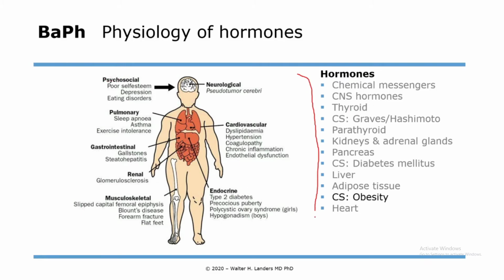This is an image which mainly relates to obesity in children. But almost all different body systems have their negative side effects of obesity. Particularly in endocrine functions, because that's what we're busy with today: type 2 diabetes, but also pubertal disease.